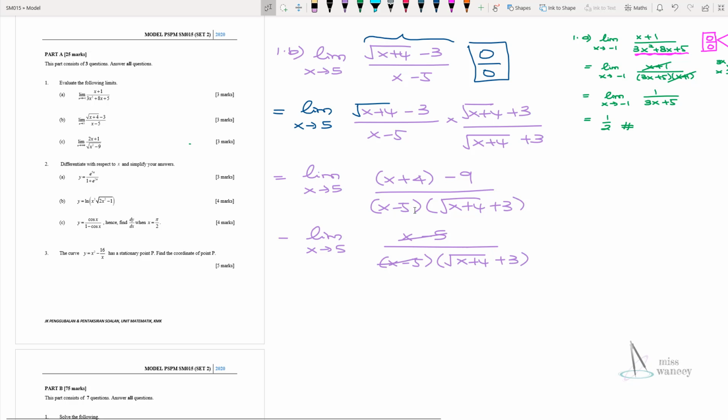Cancel out, and we are left with the limit as x approaches 5 of 1 over (√(x + 4) + 3). Now substitute x with 5. The square root of 5 + 4 is the square root of 9, so 3. 3 plus 3 is 6. So this one will be 1 over 6. Done with number 1b.